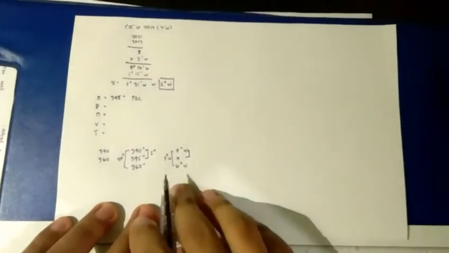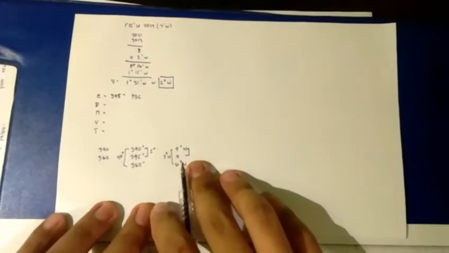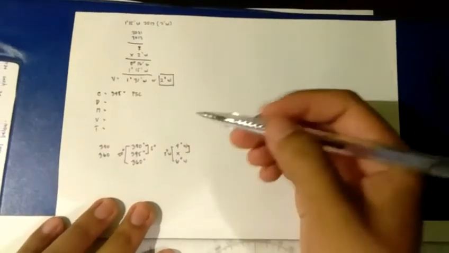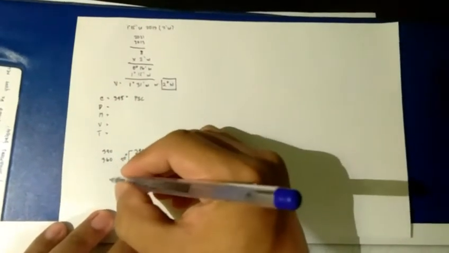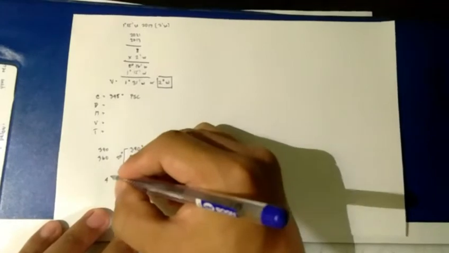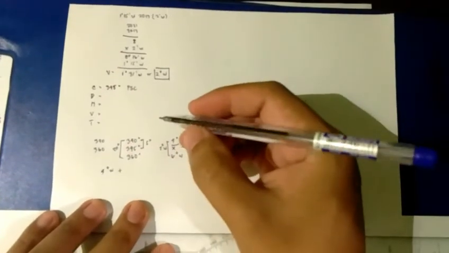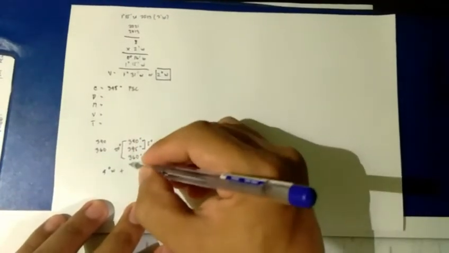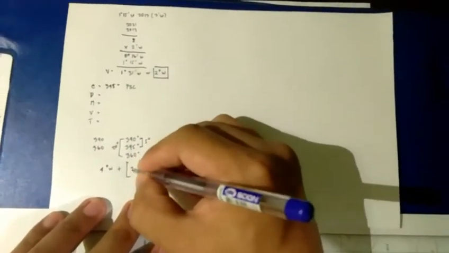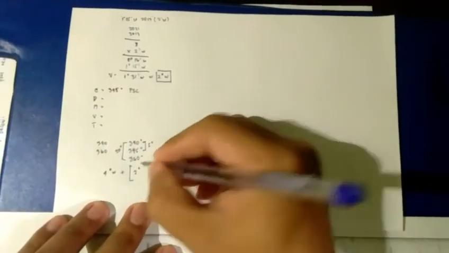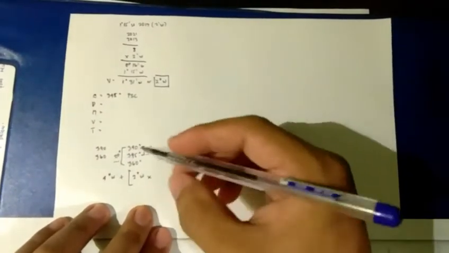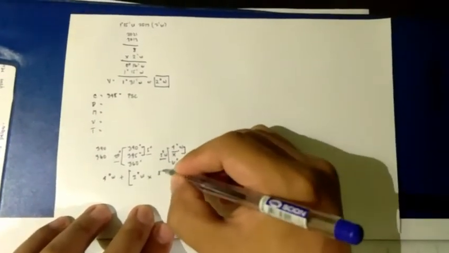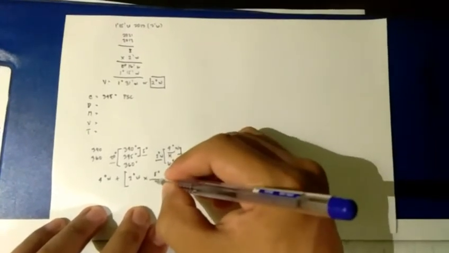So now I will be going to compute. So we will use this deviation, 4 degrees west, and then we will add bracket 2, which is this, 2 degrees west, and then multiply by the difference of the compass headings, which is 5 divided by 20 degrees.